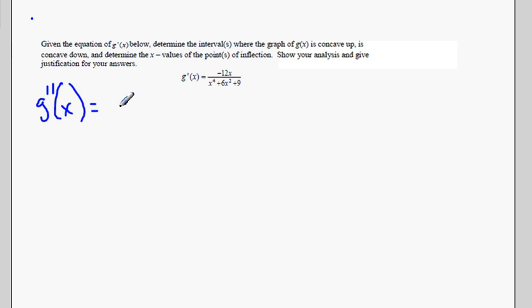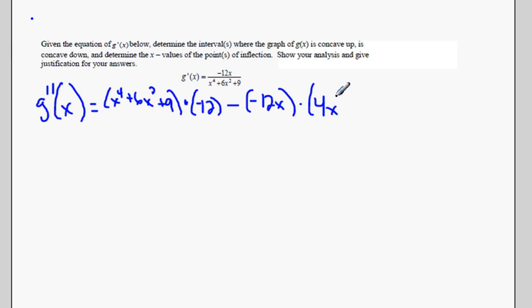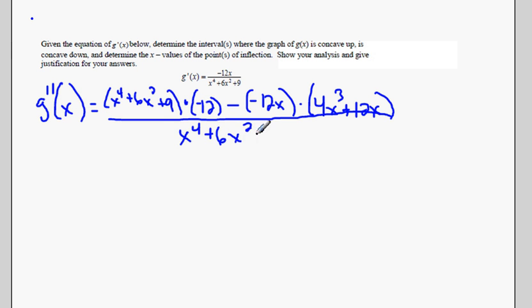Second derivative. So using the quotient rule, Hodee high, that means write the denominator, x to the fourth plus 6x squared plus 9, times the derivative of the numerator, that's negative 12, that's just multiplication, minus Heidi ho, so that's the numerator times the derivative of the denominator, 4x cubed plus 12x, all over the denominator squared, and that's going to be x to the fourth plus 6x squared plus 9, all squared.